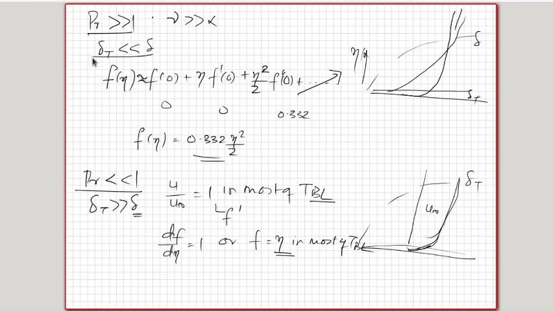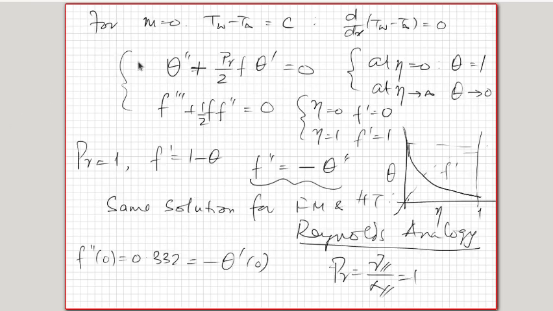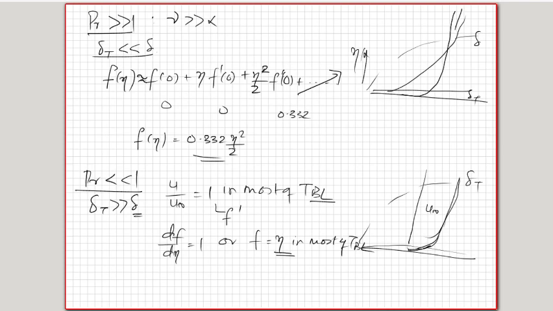Okay, so what does the energy equation look like? The energy equation looks like this one. Okay, theta double prime plus Prandtl number by 2 f theta prime equal to 0. So let's try to solve that equation. Theta double prime plus Prandtl by 2 f theta prime equal to 0.